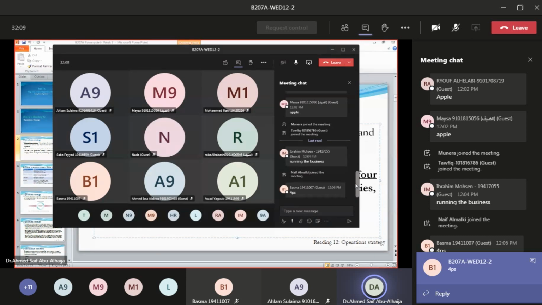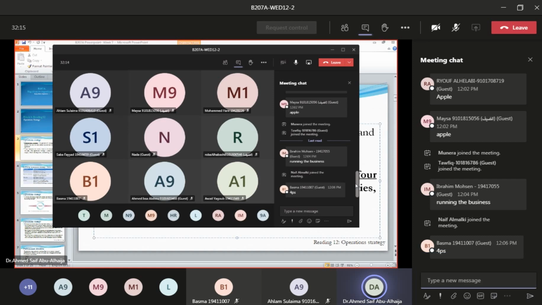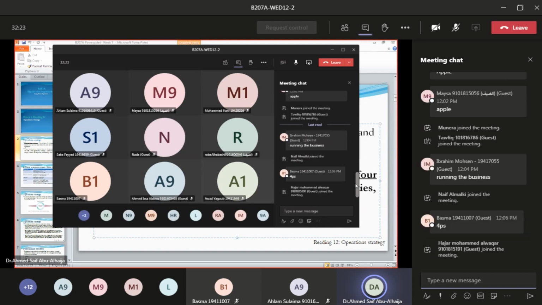Okay, I will tell you now. The 4 business functions, if you remember, are: first marketing, under which are the 4 P's; second, operation, which we are discussing today; third, finance and accounting; and fourth, human resource management.